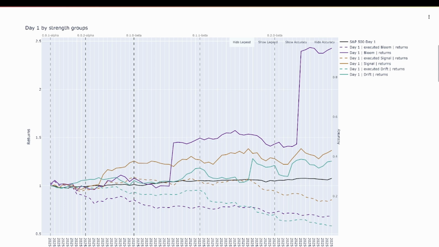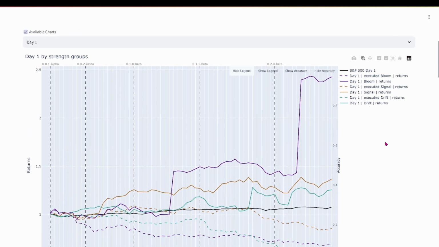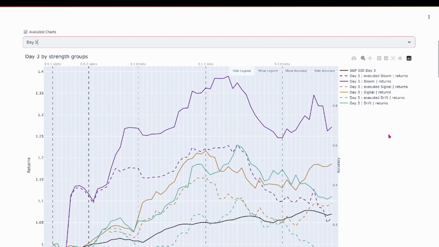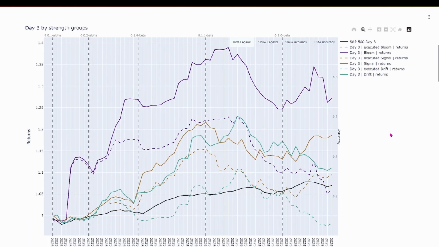The next chart is the day 3 forecast list chart. Interestingly, here we see that many executed lines are still positive. That means even stocks that traded below their entry price often recovered and delivered gains by expiration. This makes sense.